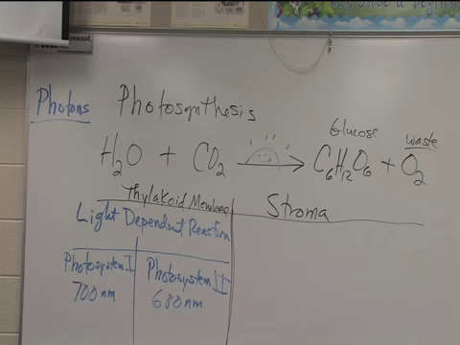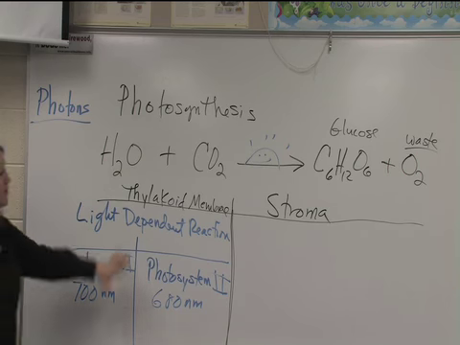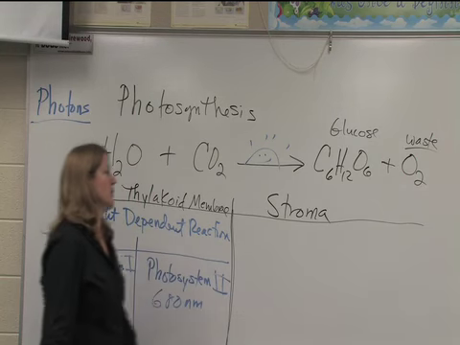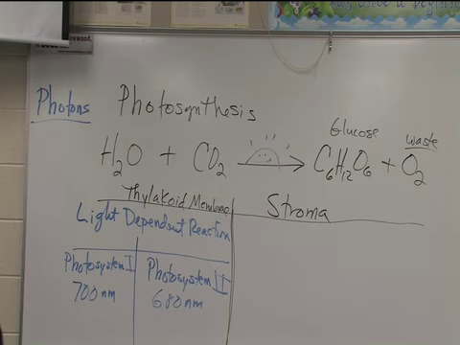So photons are important because that's the energy coming from the sun exciting these photosystems. This light-dependent reaction, we're going to make some products that we're using over here in the stroma for what's called the light-independent reaction.